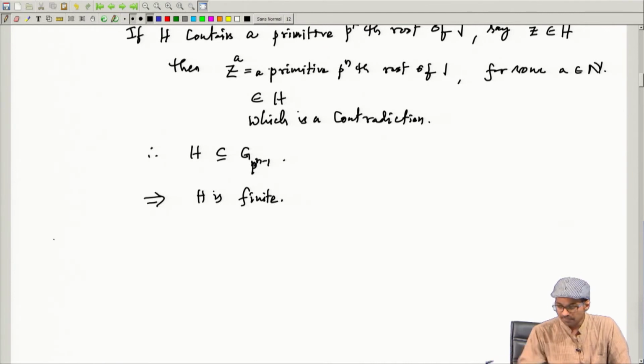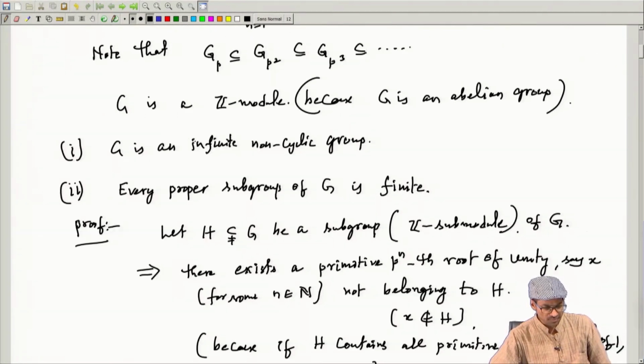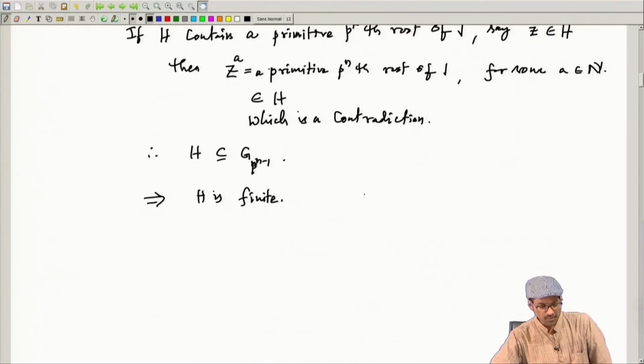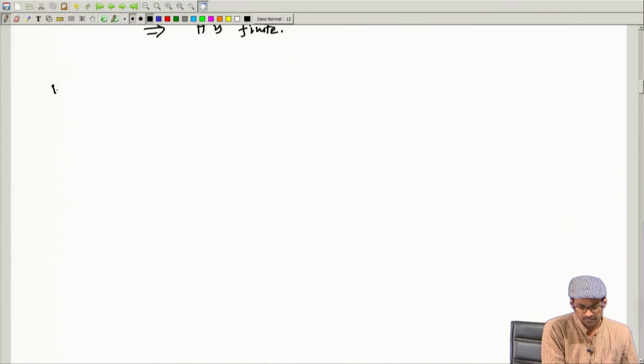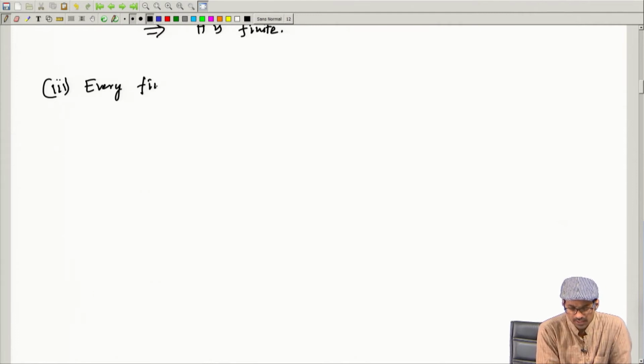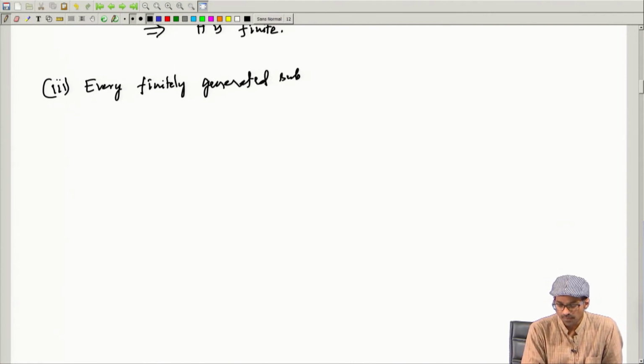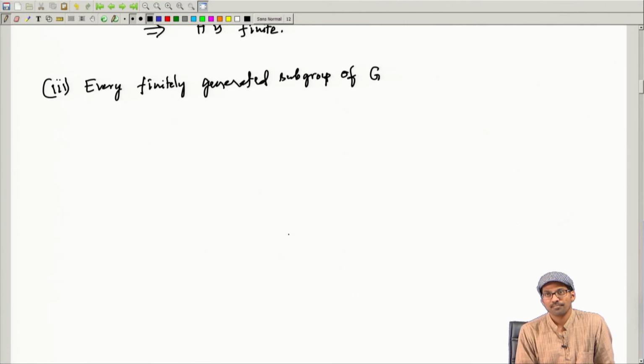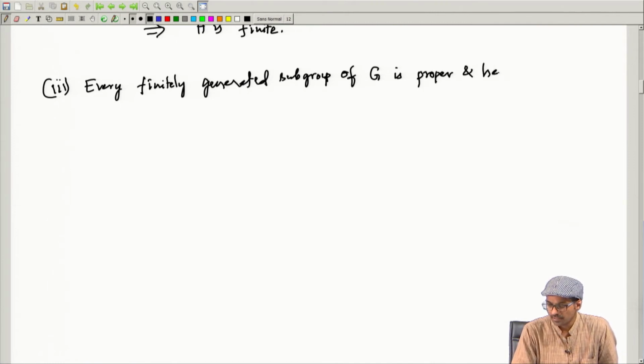And the third one, so the first one we have shown that G is an infinite non-cyclic group and every proper subgroup of G is finite. Now, let us show the third one: every finitely generated subgroup of G is proper and hence finite.